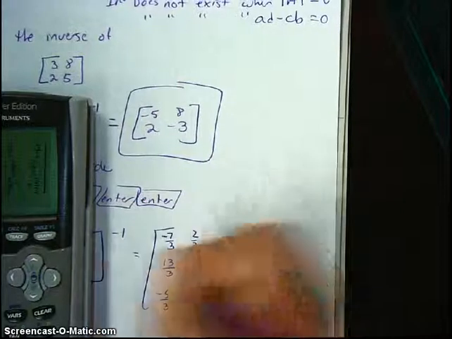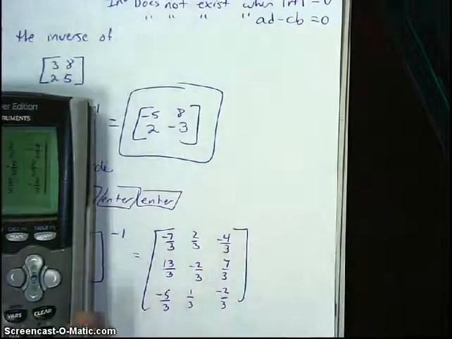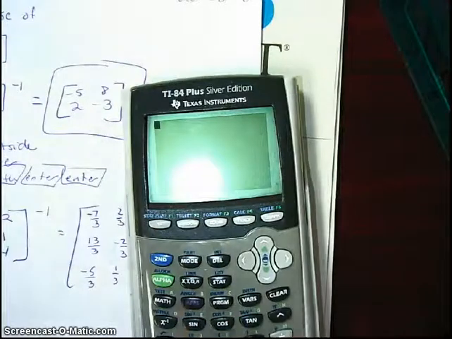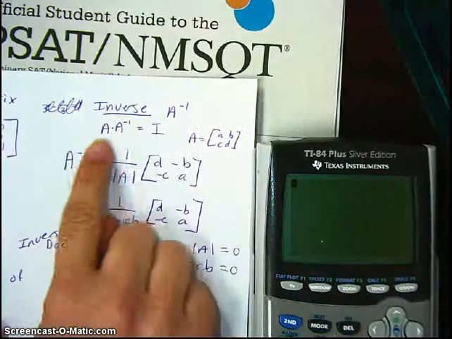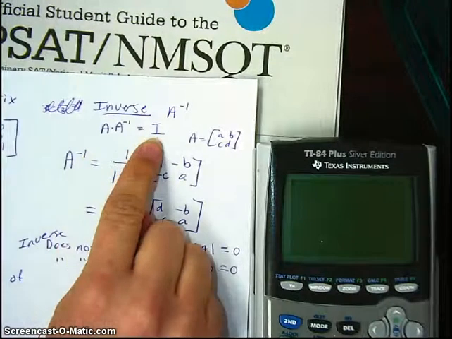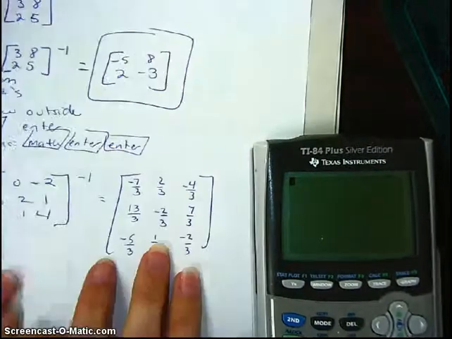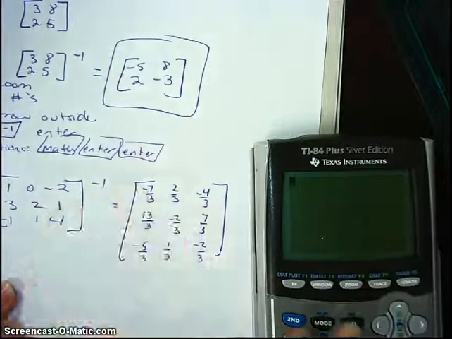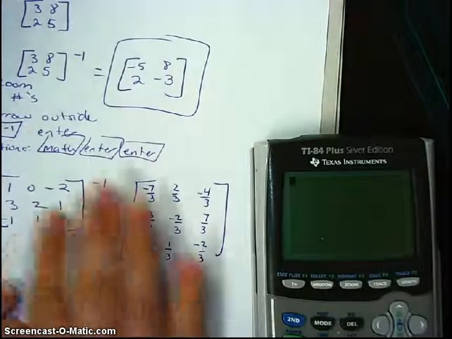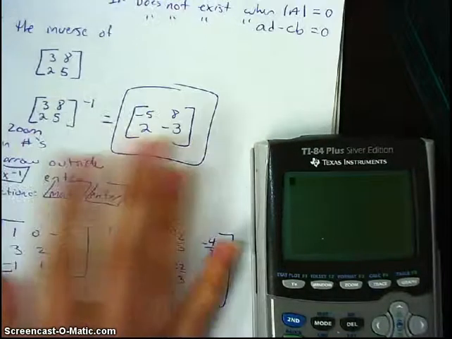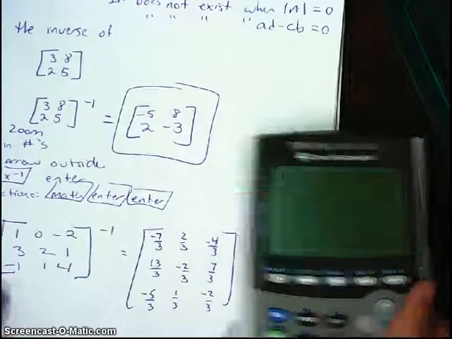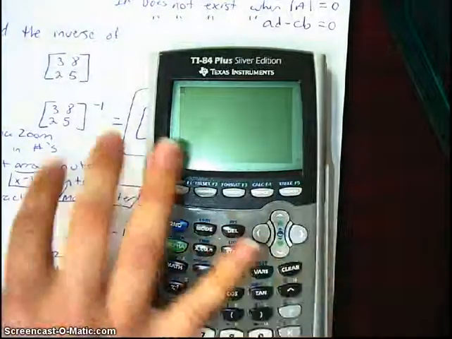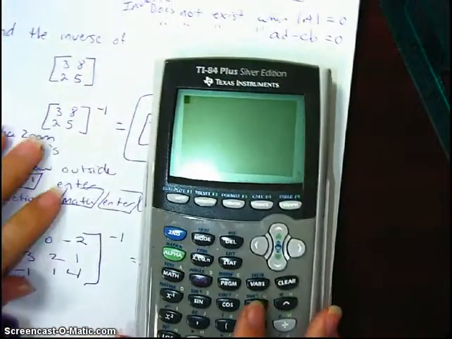Now, to check our answer and make sure we typed things in correctly, we want to make sure that A times A inverse is equal to our identity. Unfortunately, your calculator isn't going to let you type in both of these 3x3s using the alpha zoom method. So for good measure, let's look at the original 2x2 problem. We want to make sure that A times A inverse is equal to our identity matrix.